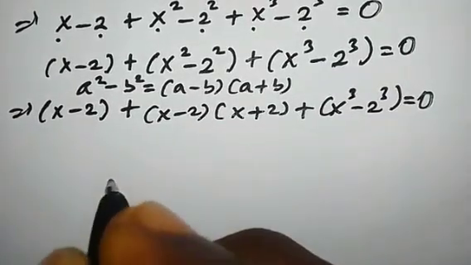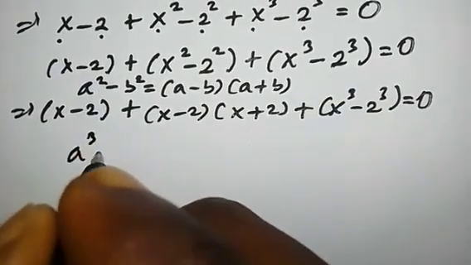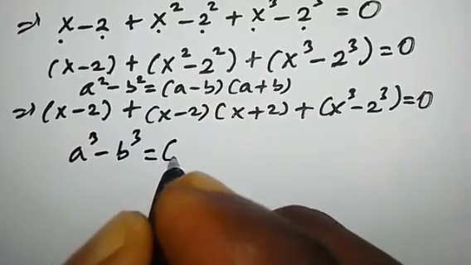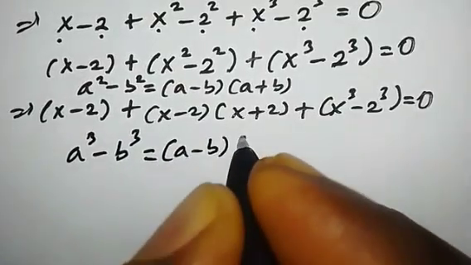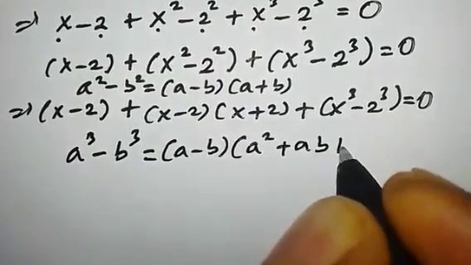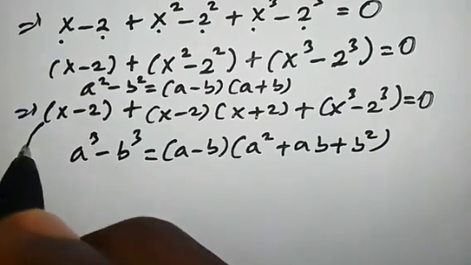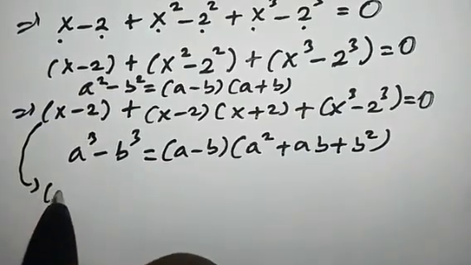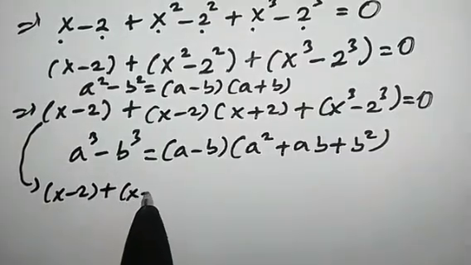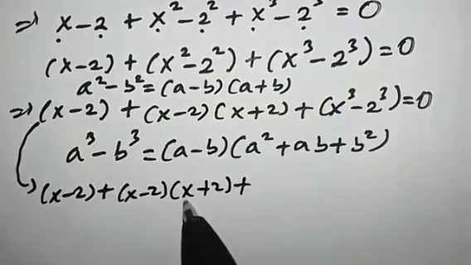Also, let us recall another identity. It says a to the power of 3 minus b to the power of 3 is equal to a minus b times a square plus ab plus b square. So from this line, we have x minus 2 plus x minus 2 times x plus 2 plus.